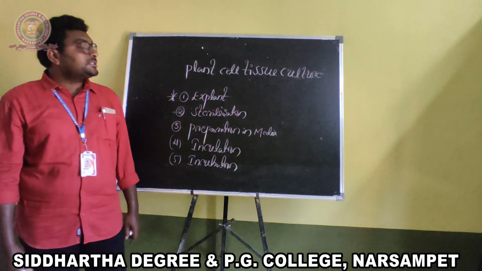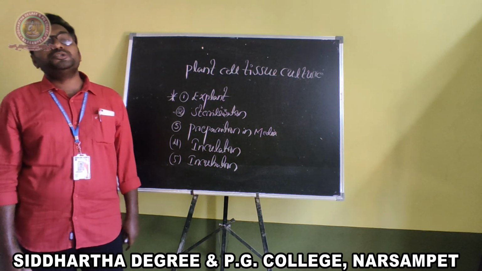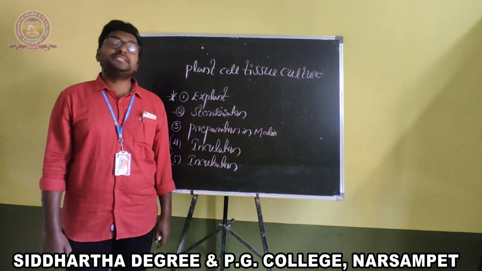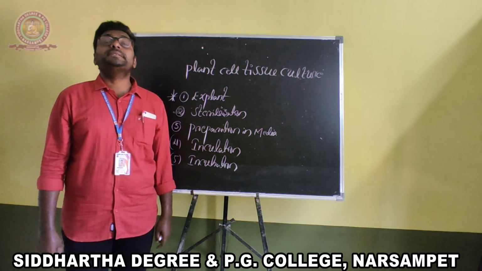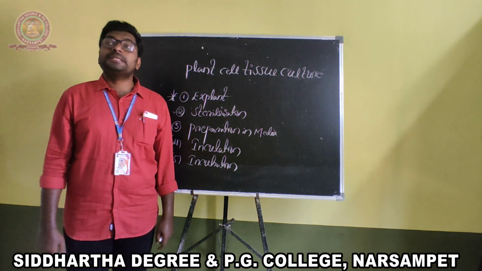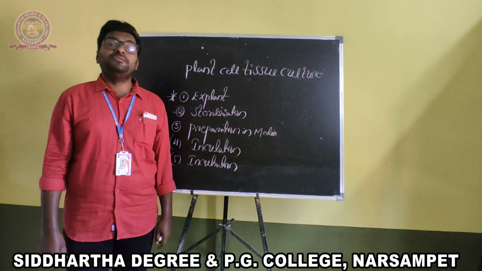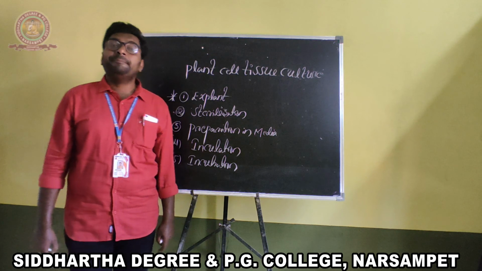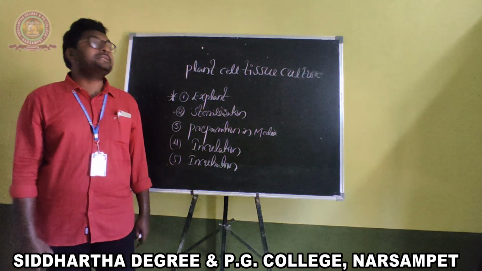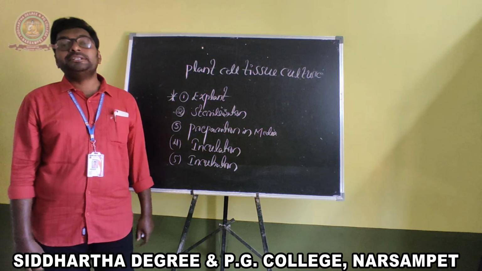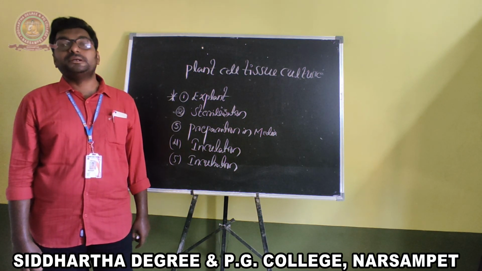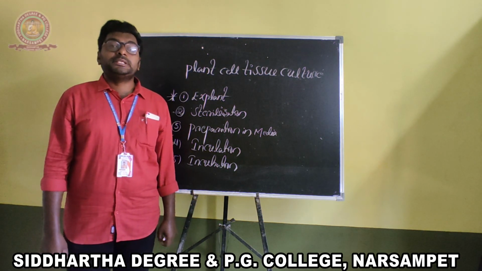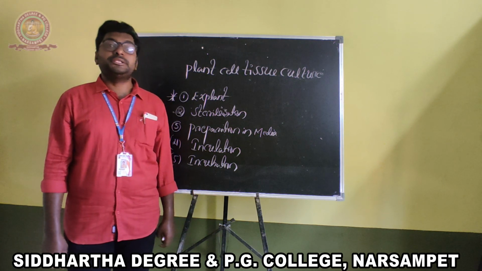Plant cell tissue culture can produce many plants in a short period. For seasonal fruits, for example, watermelon is produced only in summer and mangoes only in the season, but with tissue culture we can get them in all seasons. All plants, vegetables, ornamentals and especially greenery plants are produced by tissue culture.